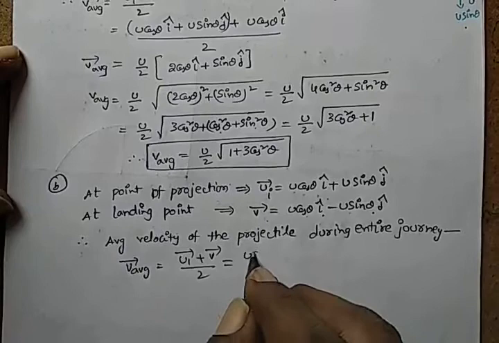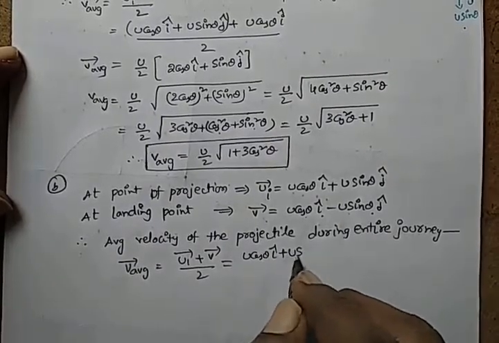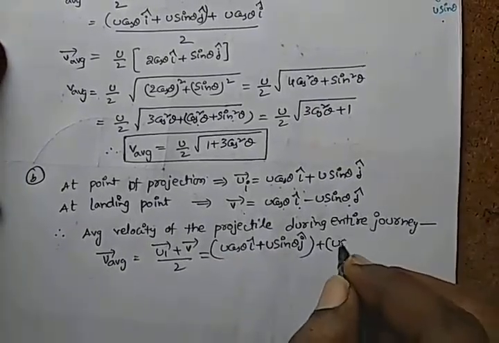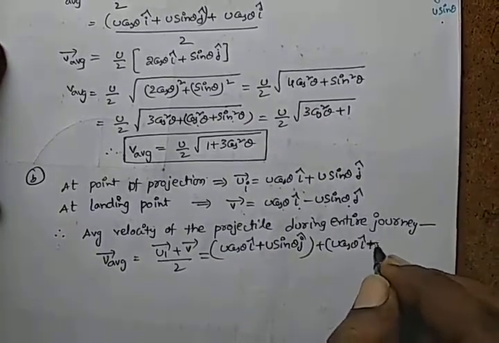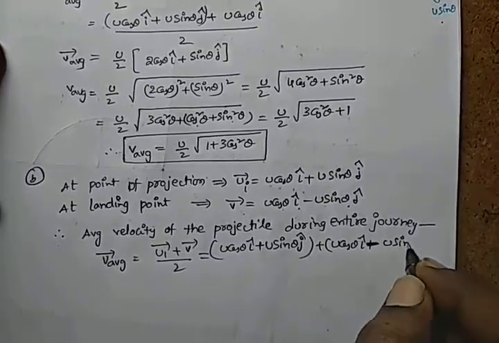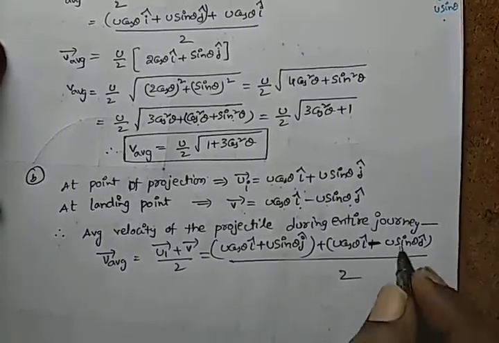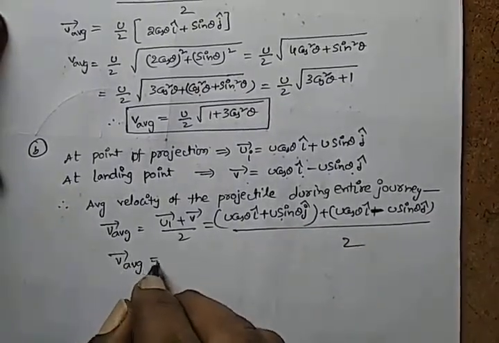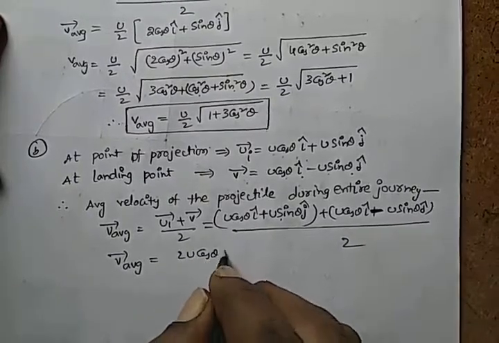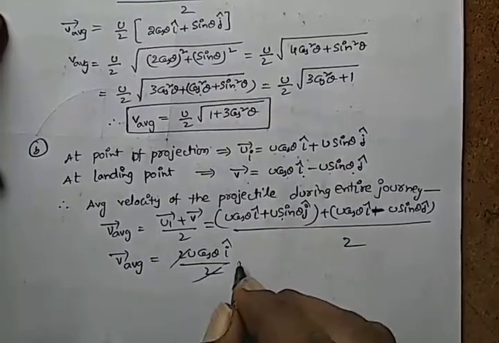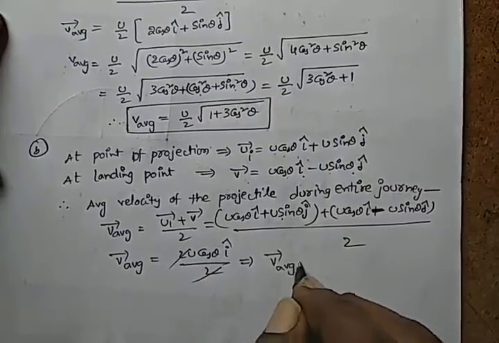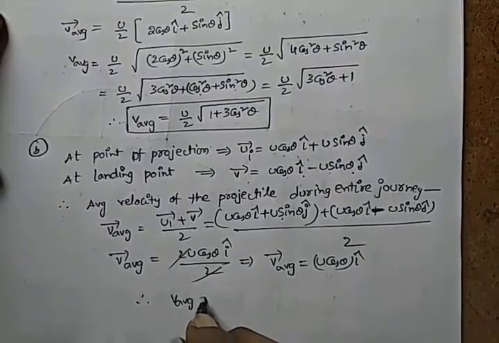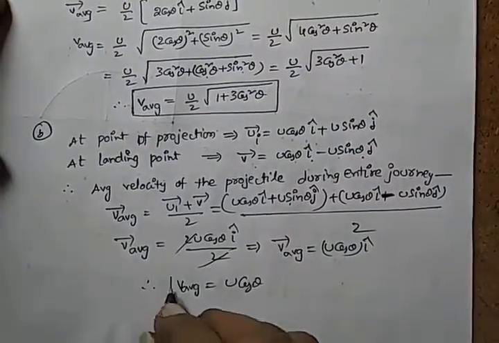So here u cos theta i cap plus u sin theta j cap, this is initial velocity vector, and velocity at landing point is u cos theta i cap minus u sin theta j cap. So here u sin theta j cap cancelled. So finally we get v average is equal to 2u cos theta i cap by 2. 2 cancelled. Therefore average velocity vector is given by u cos theta i cap and its magnitude is given by u cos theta. Thank you.